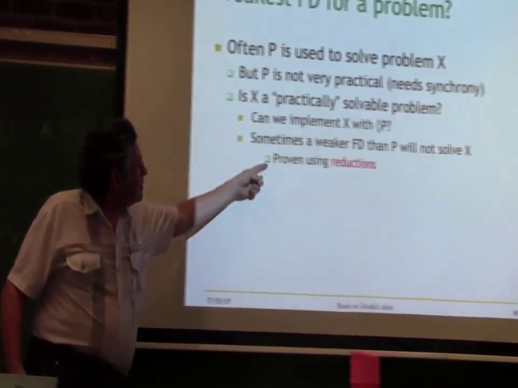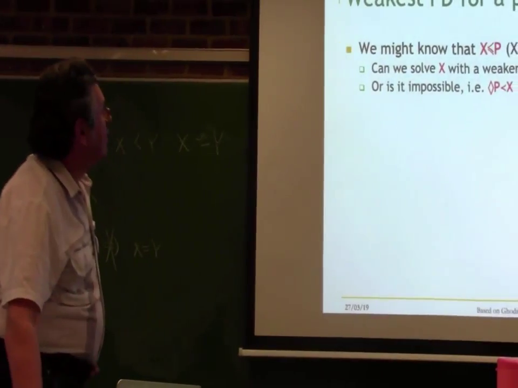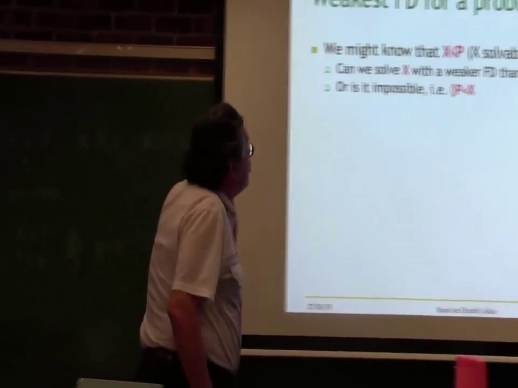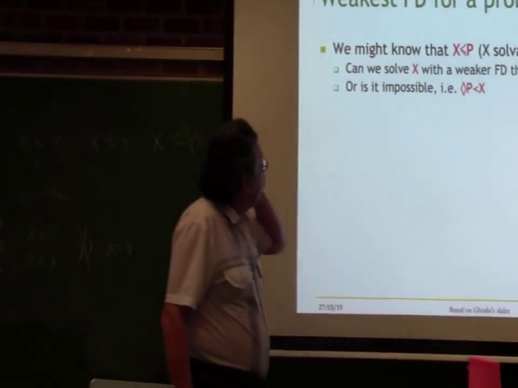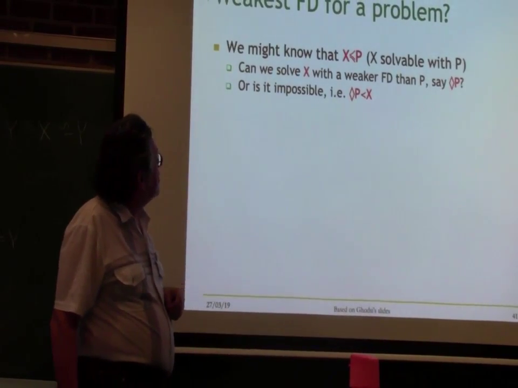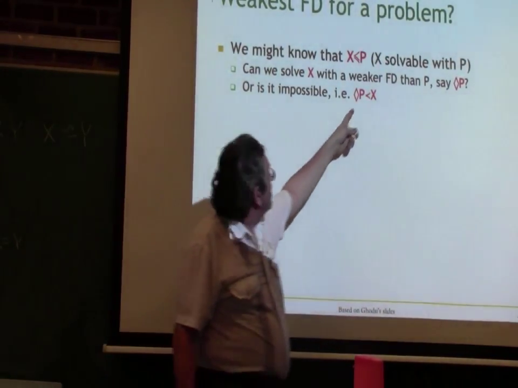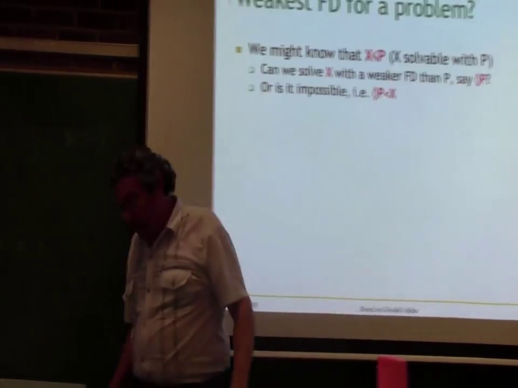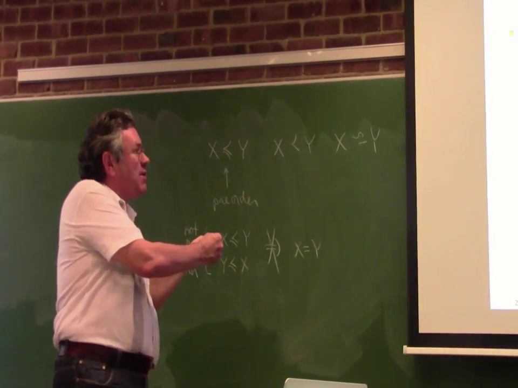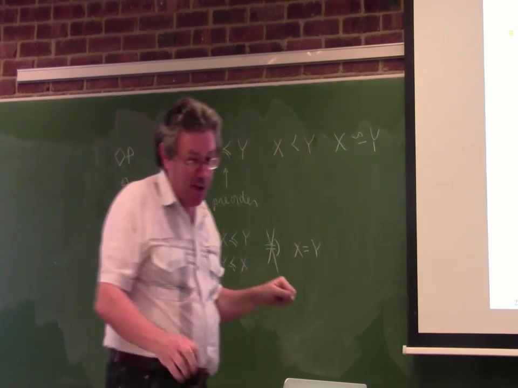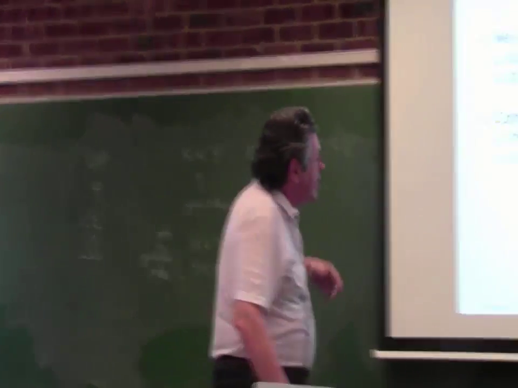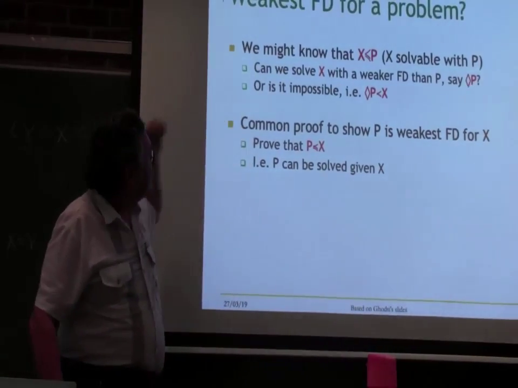Sometimes we can reason using the reductions. So for example, let's say that X is solvable with P, and we want to see whether X can be solved with a weaker failure detector, eventually P. Or maybe it's impossible. Maybe eventually P is strictly weaker than X. That means you can use X to solve eventually P, but you cannot use eventually P to solve X. So we can actually do proofs like this.